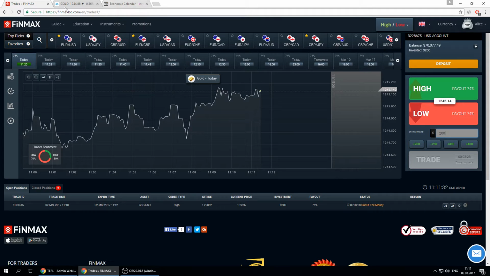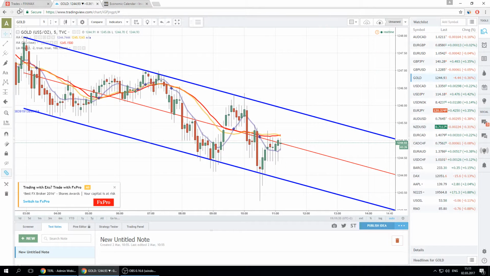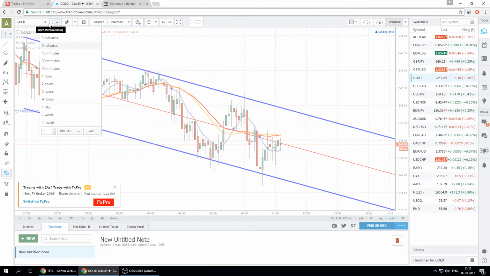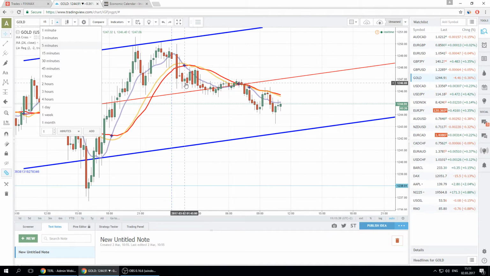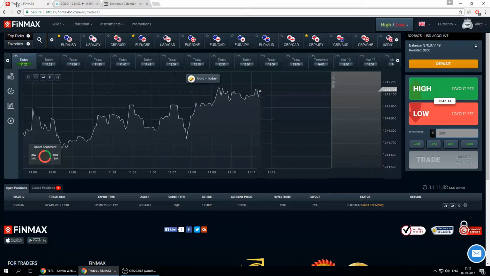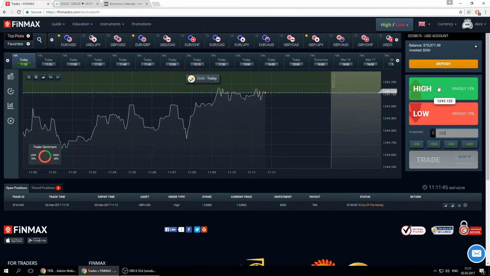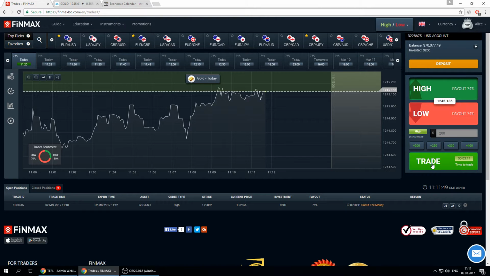For not 1, 5. Well, let's switch to longer time frames. Yes, for 15 with this expiry time, that will be good. Okay. Confirm.